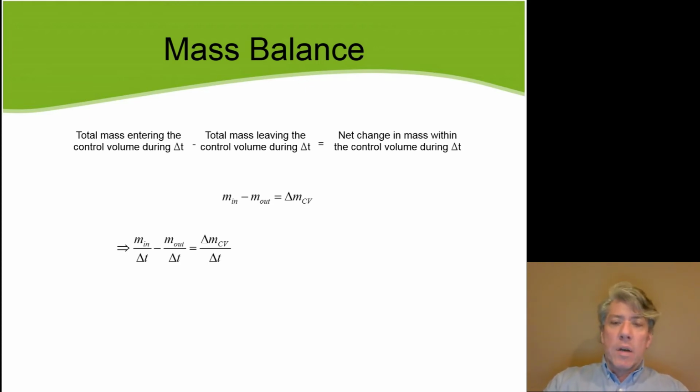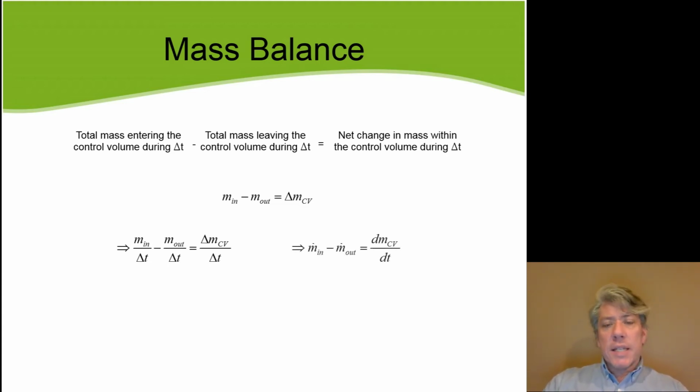But we'd like to talk about this in rate form. Sometimes we want just the mass balance to talk about the amount of mass that has entered or left, but sometimes we want to talk about the rate at which mass is entering and leaving a control volume. And so then what we do is just divide the amount of mass that enters and the amount of mass that leaves by the amount of time taken for those flows, and divide the change in mass of the control volume by that time.